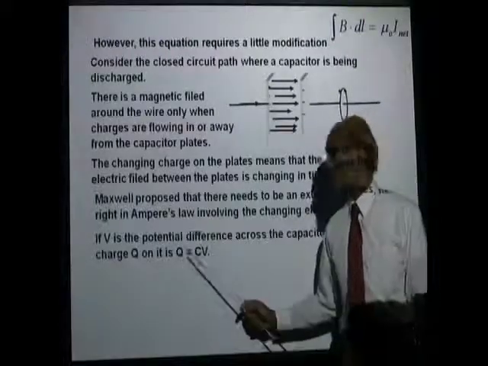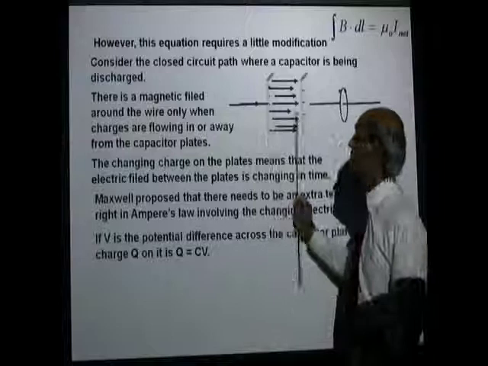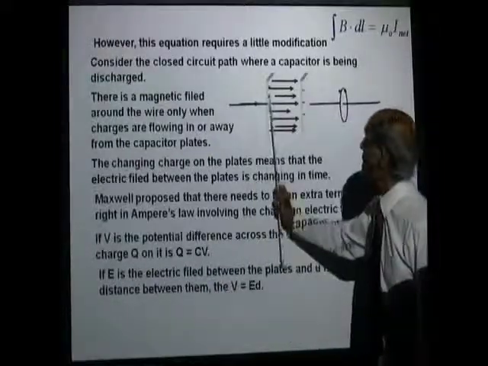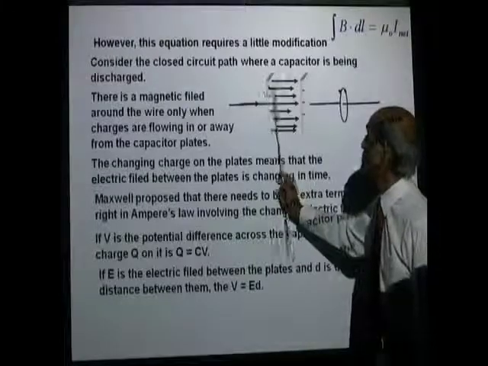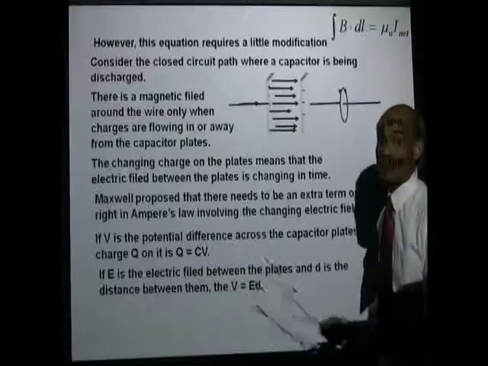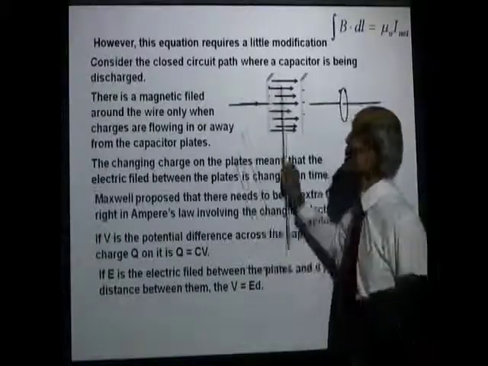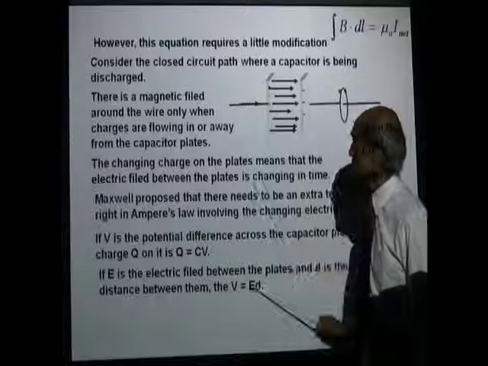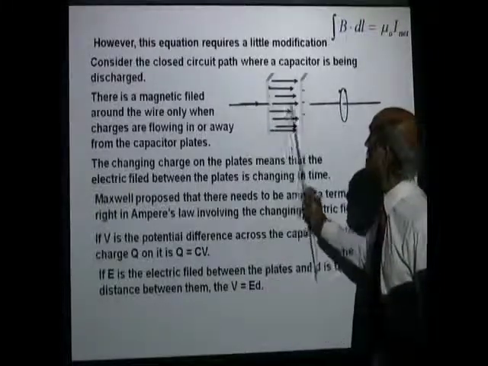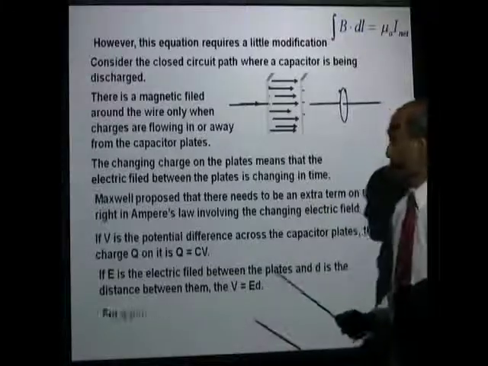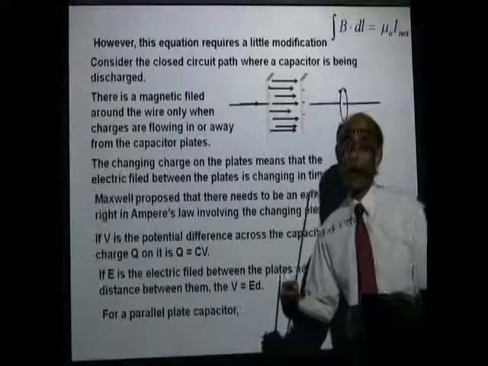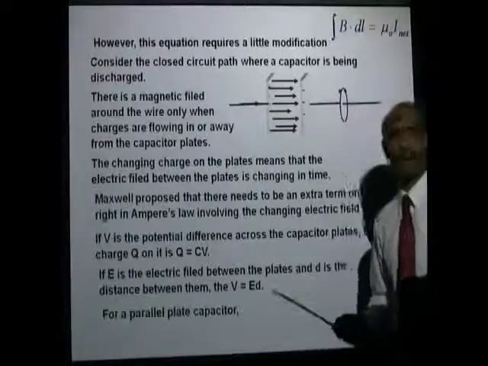C is the capacitance and V is the potential difference. If E is the electric field between the two plates, you know that V equals E times D, where D is the distance between the plates and E is the electric field inside the plates. Now, for a parallel plate capacitor, can you recall what the capacitance is?